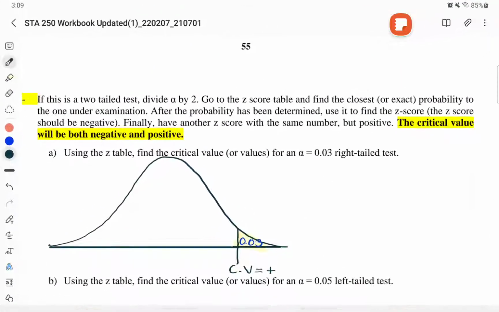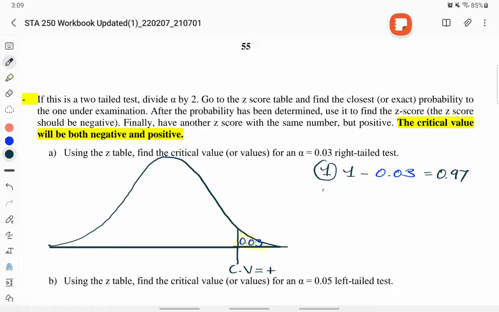However, in this case, the area is shaded to the right. So the first step is we must subtract 0.03 from 1. And 1 minus 0.03 is 0.97.